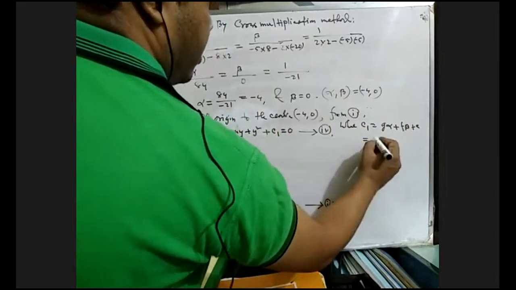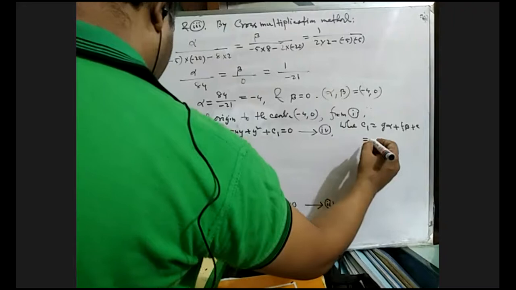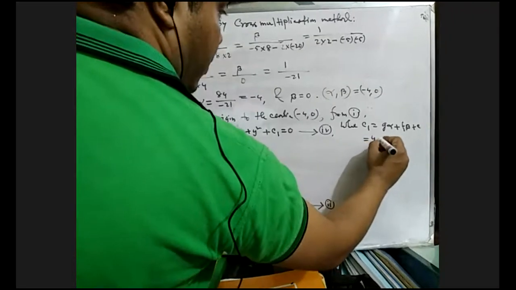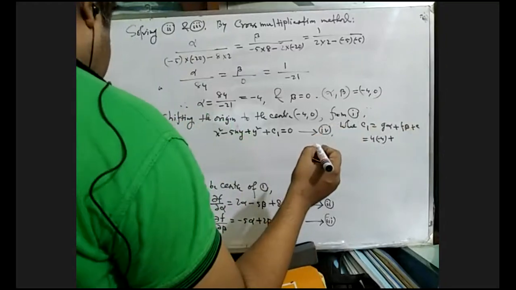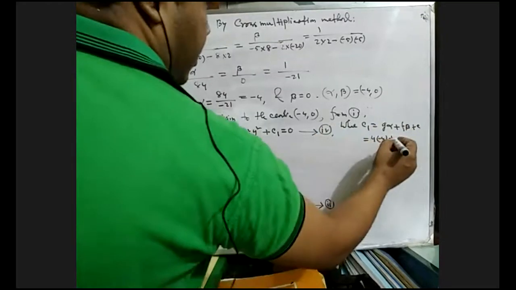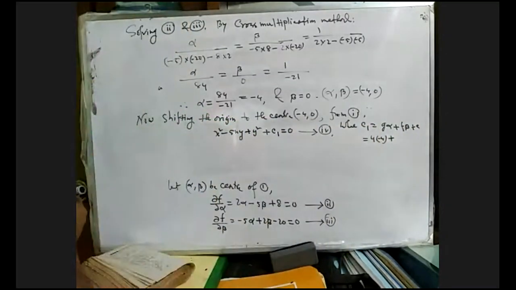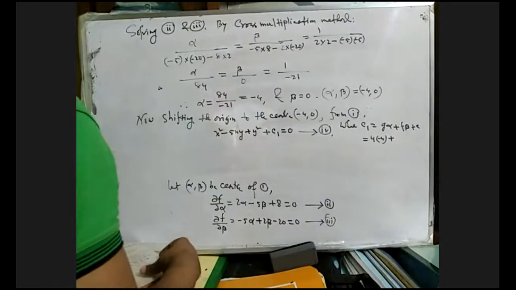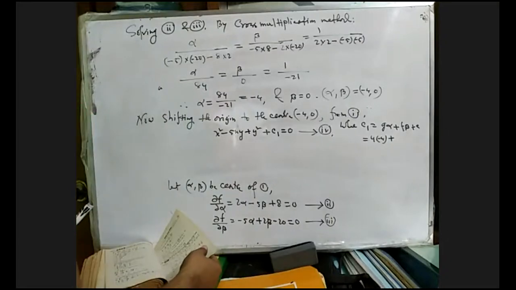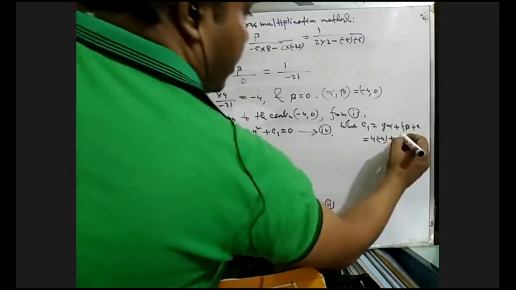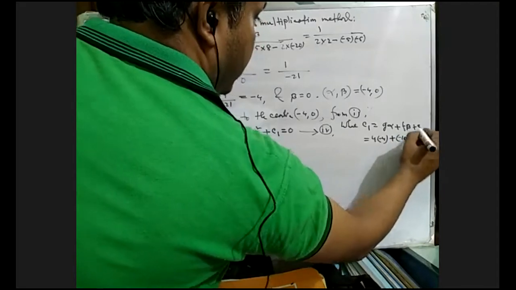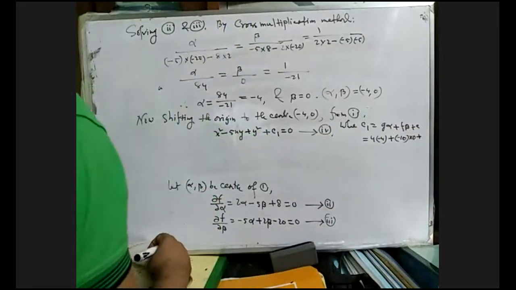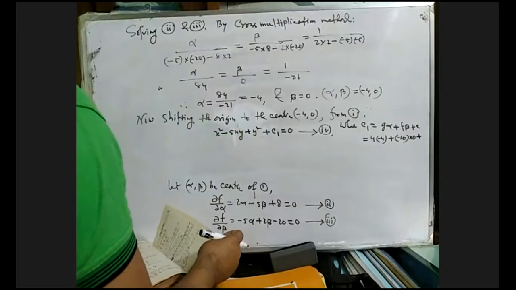G value is 4, alpha value is minus 4, f value is minus 10. Minus 10 multiplied by 0 plus c, where c equals 15.